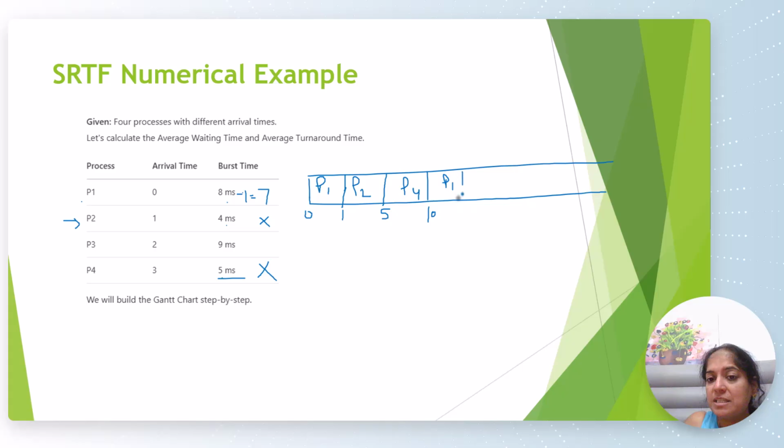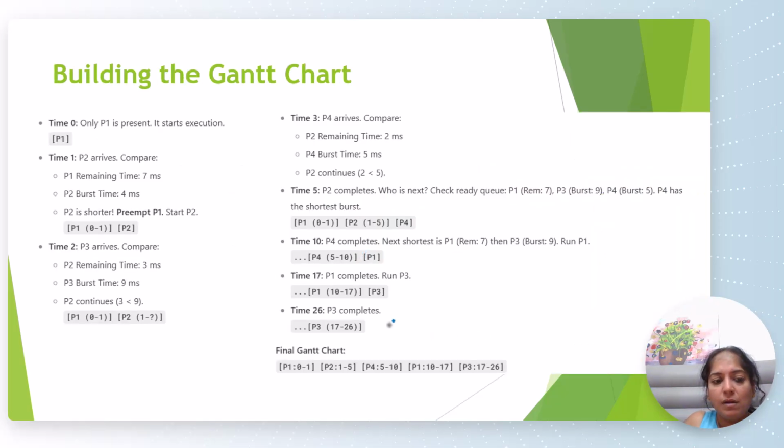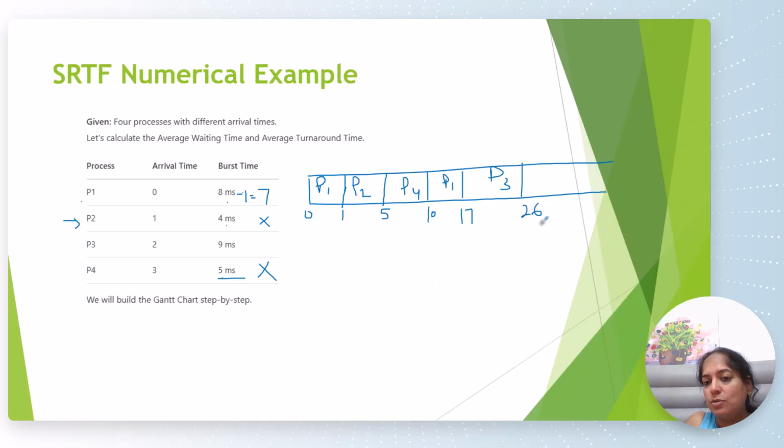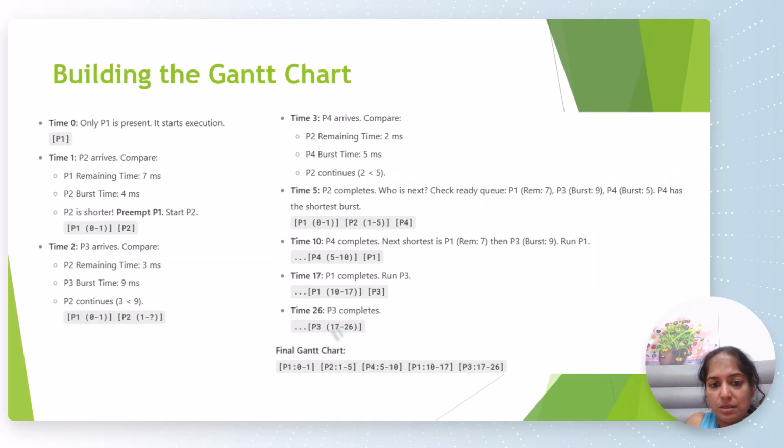So P1 will be executed again. Then after that, P3, 17 plus 9. Right? So these are their burst times. Yep, this is their Gantt chart.